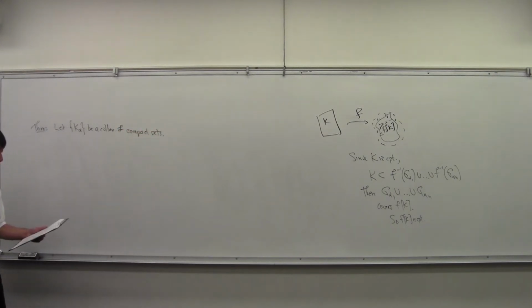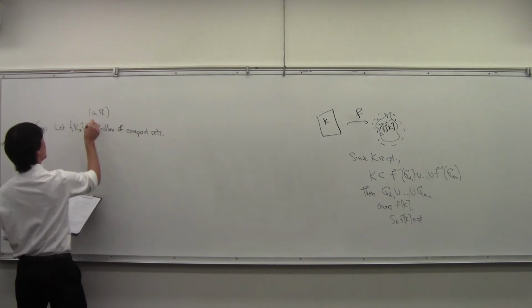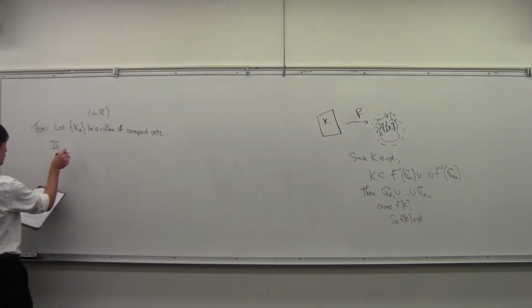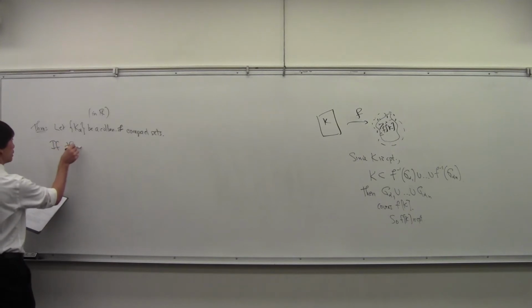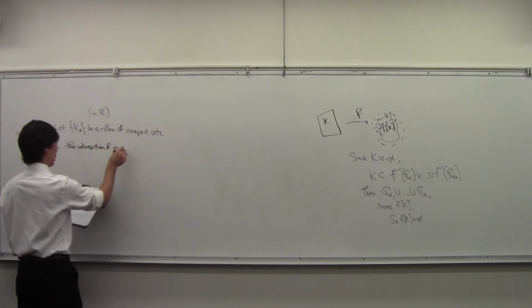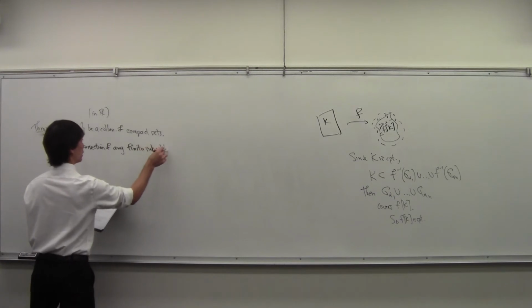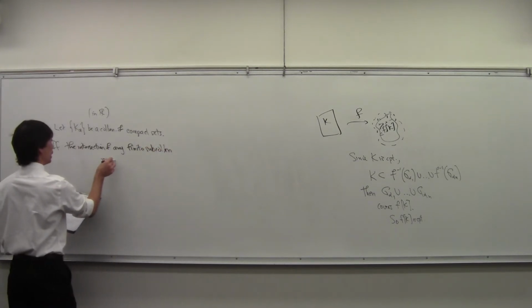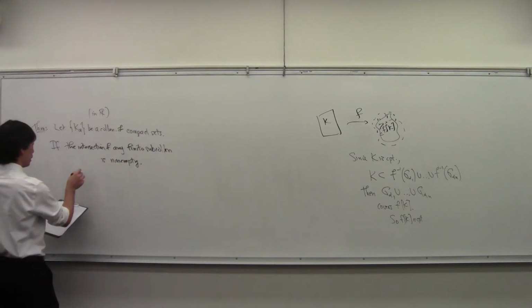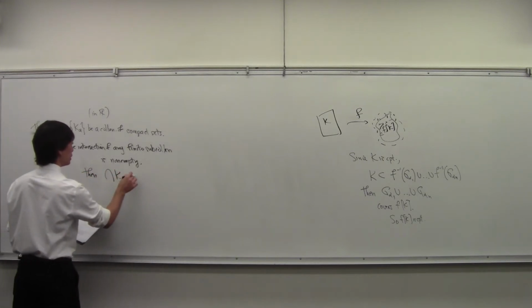Suppose you have a bunch of compact sets in R. If the intersection of any finite subcollection is non-empty, then the total intersection, the intersection of all of them, is non-empty.